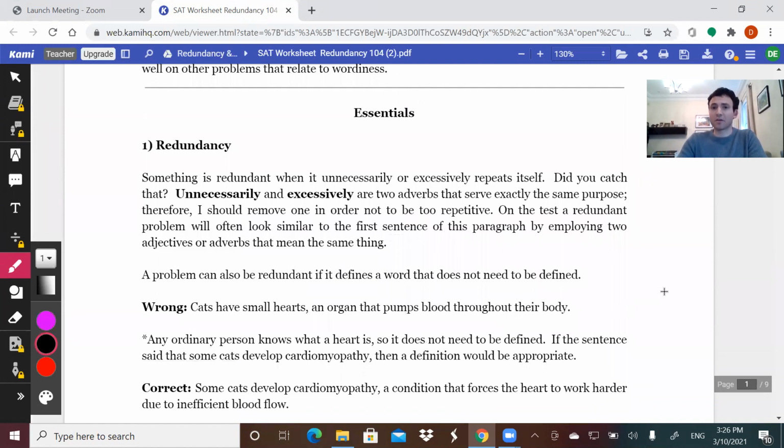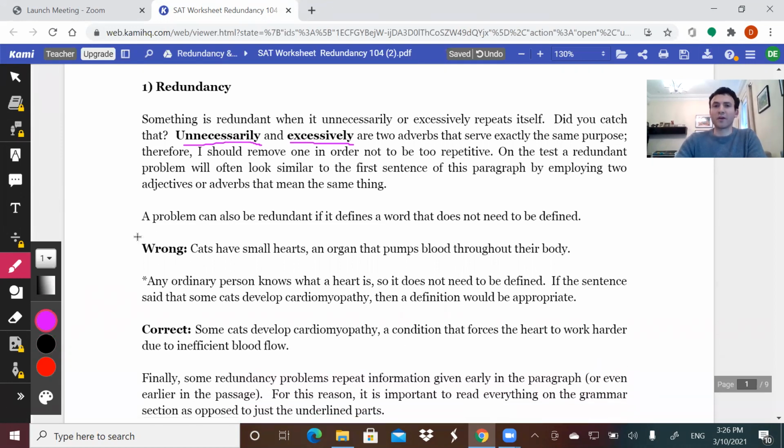So the first concept is redundancy. You're probably familiar with this word. Redundancy is when you repeat yourself. You're being unnecessarily or excessively, notice that, I said the same thing more or less twice. You're just unnecessarily repeating what you already mean. So if you can avoid using synonyms back to back, that's always a better way to go.